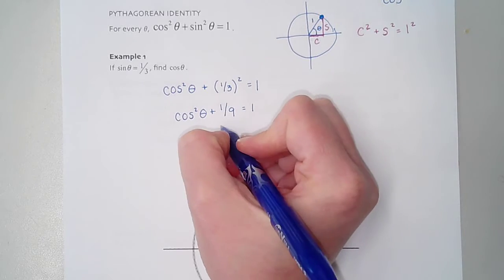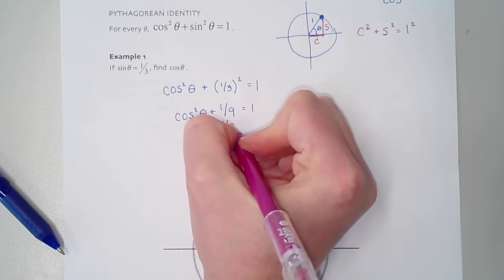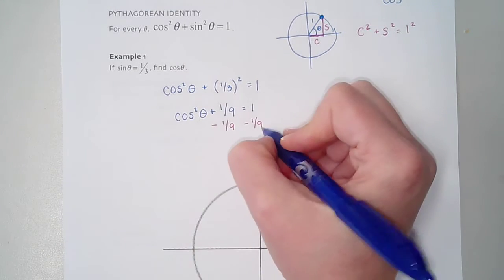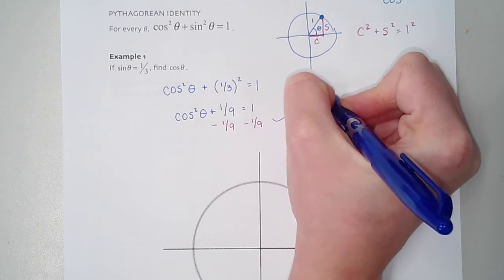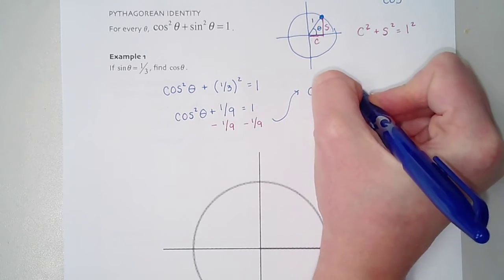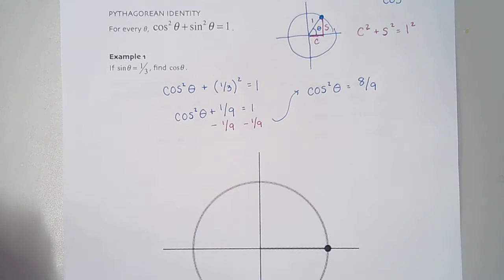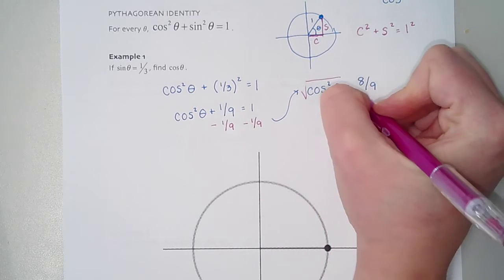If I'm solving here, my next step will be to subtract the 1/9. And that's going to leave me with cosine squared of theta equals 1 minus 1/9 is 8/9. And then just like anything else that's squared, if I want this by itself, I can take a square root.